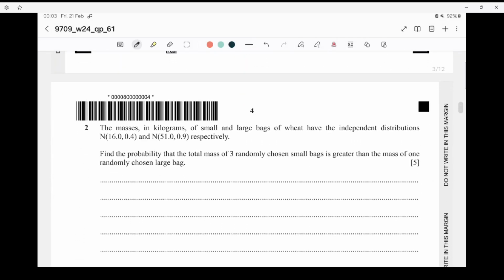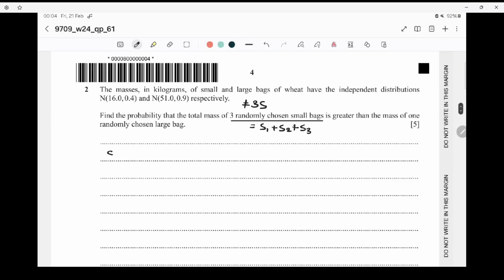Question 2. You have masses of small and large bags, and you need to find the probability that the total mass of 3 random small bags is greater than 1 randomly chosen large bag. You need to be careful about this wording, because this means you choose 3 small bags randomly. So this is not 3 times S, where S is a small bag, but 3 randomly chosen variables, S1 plus S2 plus S3.